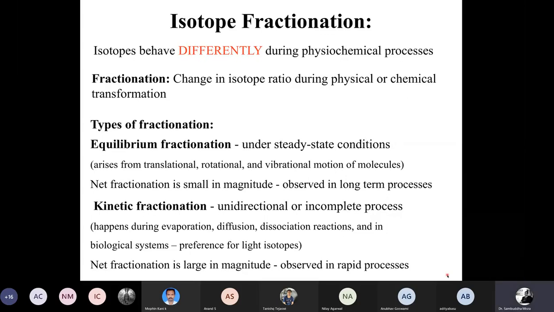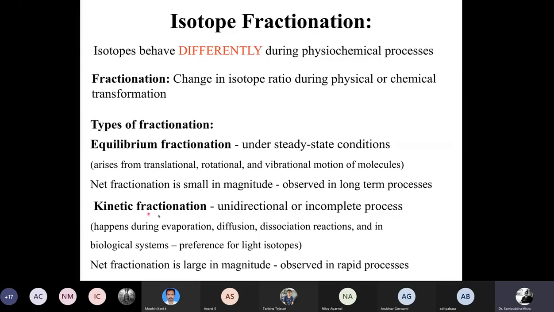Now, if you change temperature, the direction will move. So whenever we talk about equilibrium fractionation, we have to say that this is for this temperature and this pressure. Okay, so the physical parameters, like every chemical reaction, need to be specified.